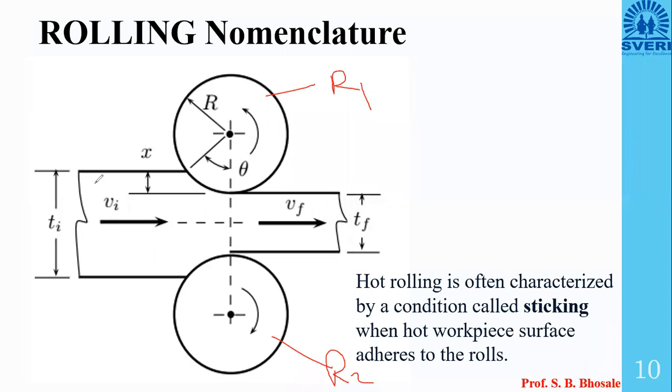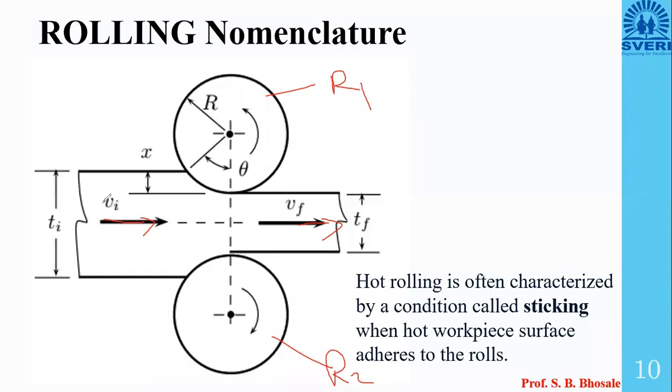Then whatever the billet, whatever the material we are inserting, we can call it VI, that is the incoming material, and this is the outgoing material. Whatever the speed of the incoming material is, that is indicated by VI, velocity of incoming material, and the material which is going out is called VF, velocity of finished part.